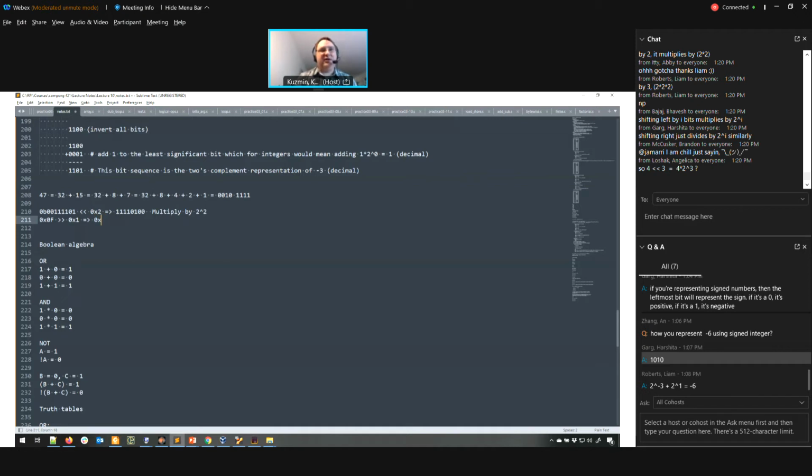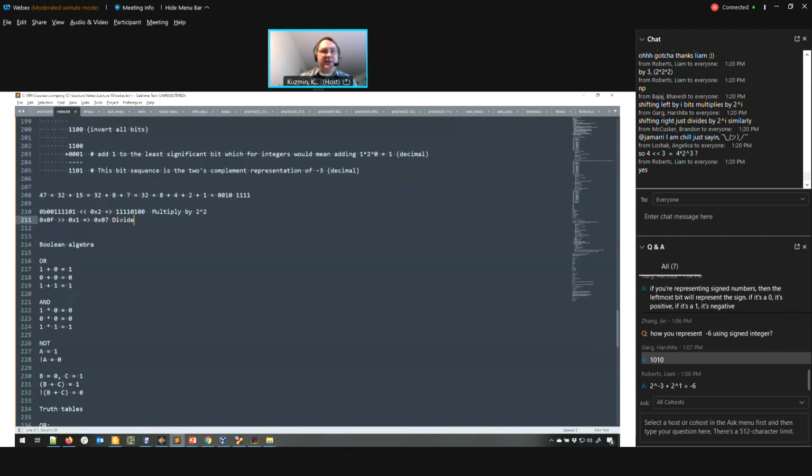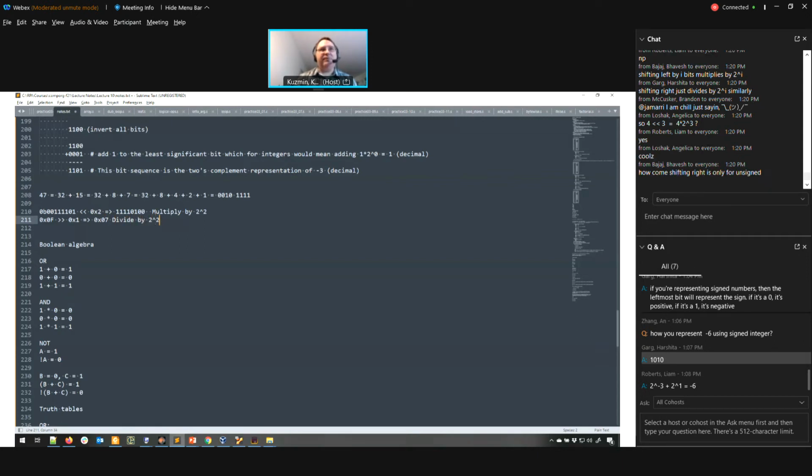So I'm going to get 07. Effectively, this is divide by the corresponding power of 2, by 2 to the first, and truncate. If the result is fractional, we just truncate because we have space only for integers.